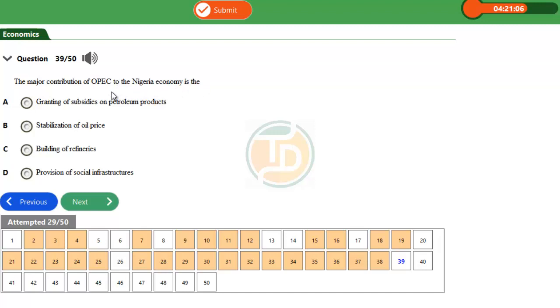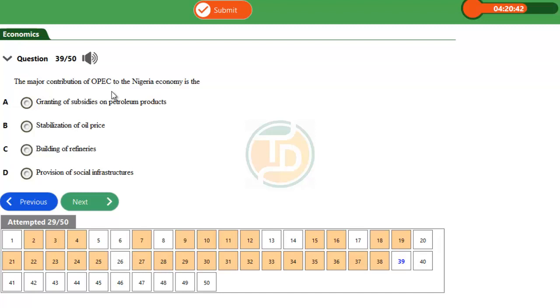The reason for establishing OPEC is to ensure that there is control in the price of oil in the world market, and also control in the output of oil produced, because the demand and supply of oil will determine the price.